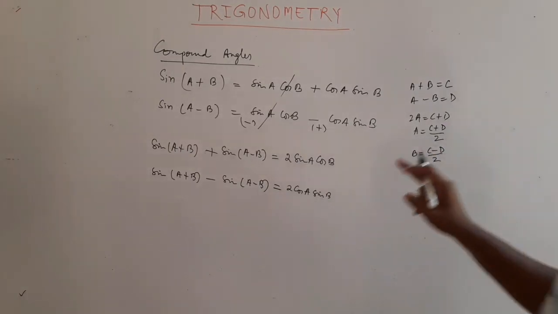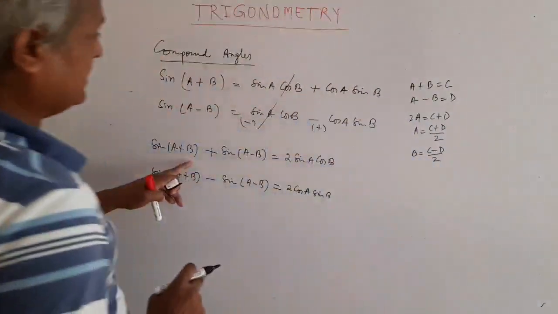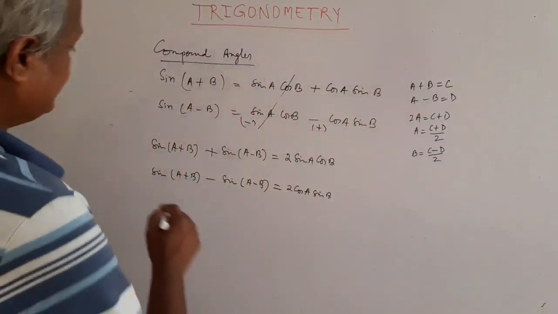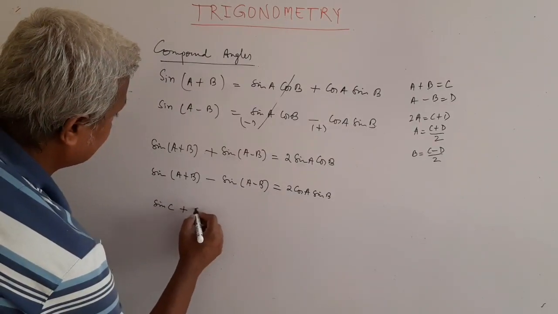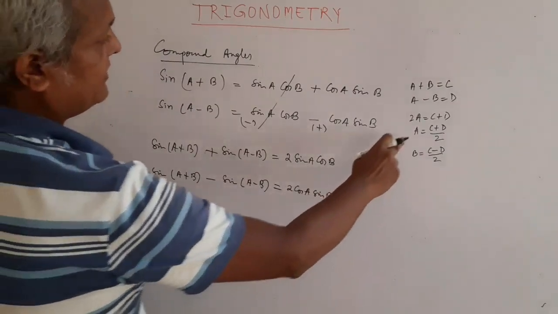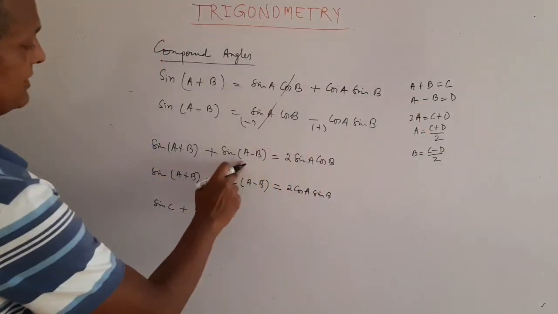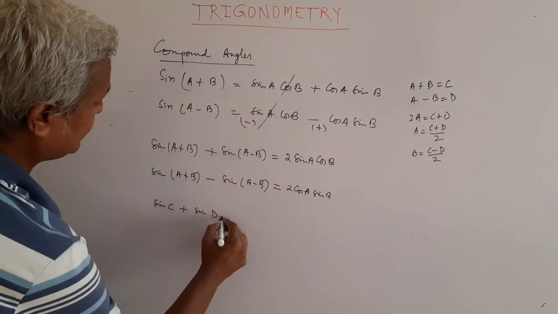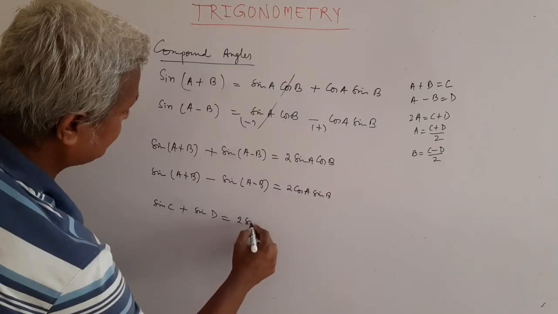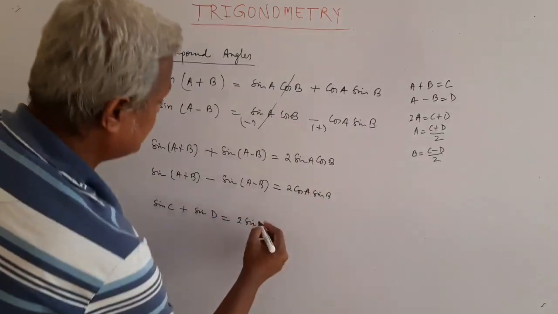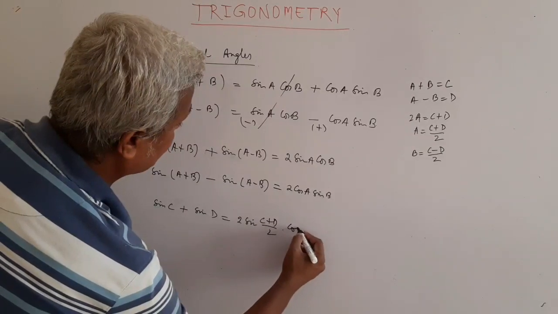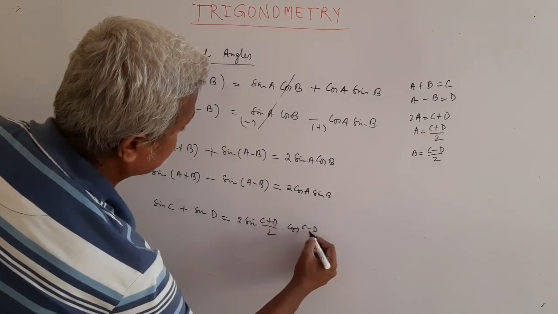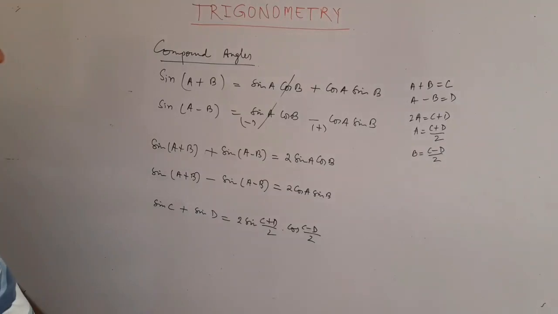Now in this equation, wherever you see A plus B, replace it by C, so this becomes sin C plus, wherever you have A minus B, make it D, sin D, is 2 sin of C plus D by 2 into cos of C minus D by 2.